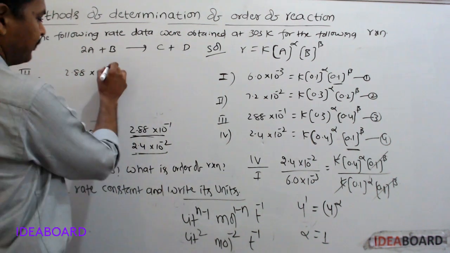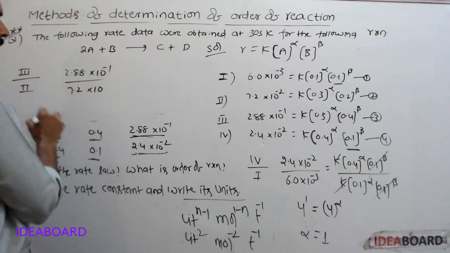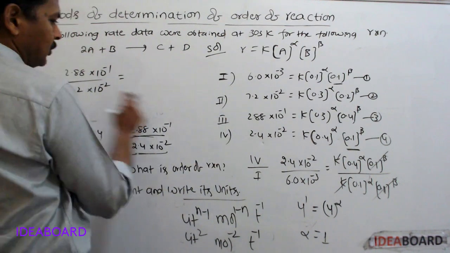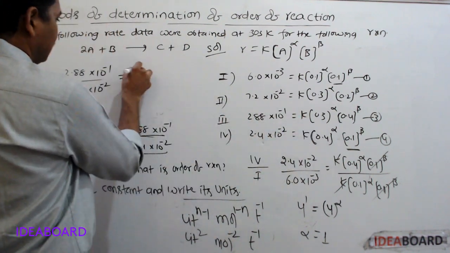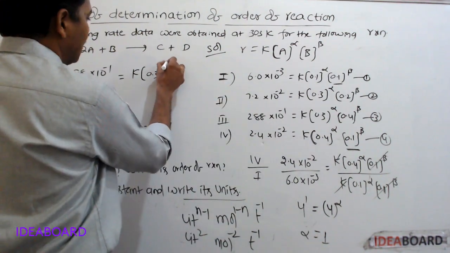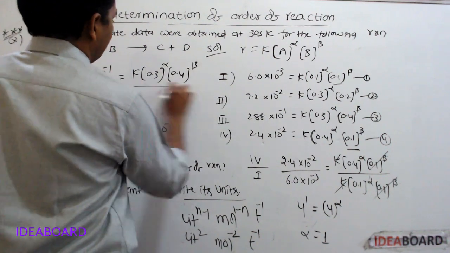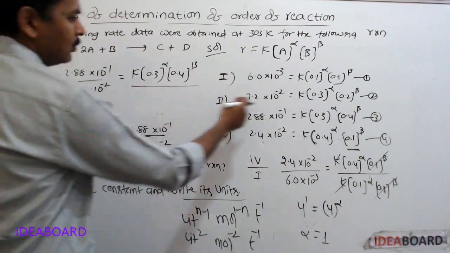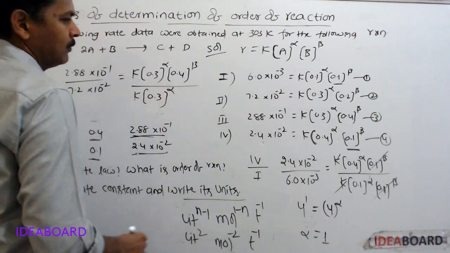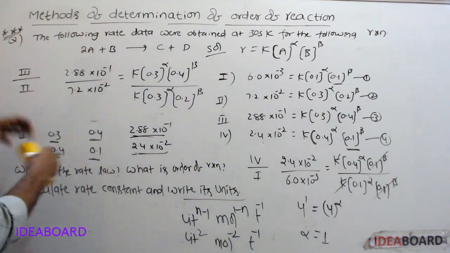So third experiment is 2.88 into 10 power minus 1 divided by 7.2 into 10 power minus 2 is equal to K into 0.3 power alpha, 0.4 power beta divided by K into 0.3 power alpha, 0.2 power beta.